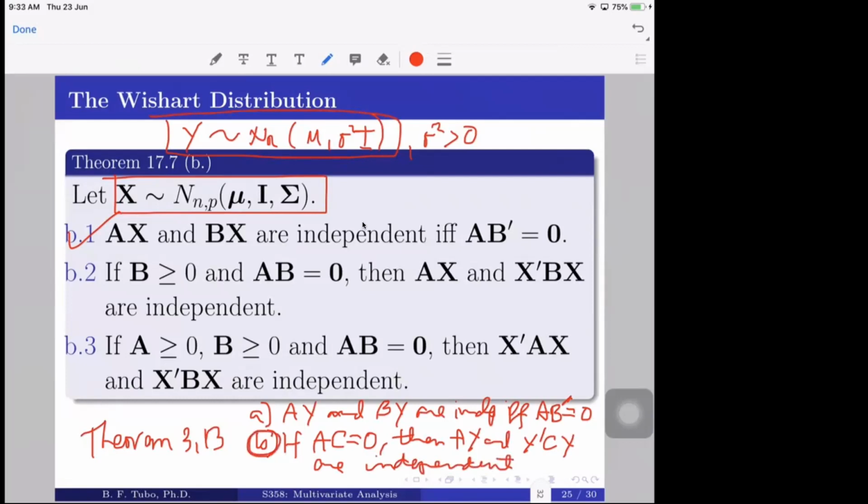So this second result in theorem 3.13 is very useful in showing the mean and the standard deviation are independent.